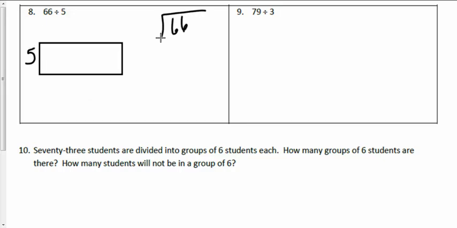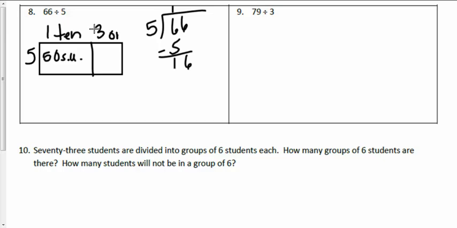So I've got 66 divided by 5, so that would go into 60 one time, so that gives me an area of 50 square units, and then that would leave 10 and 6 ones, so that would go into 16 3 times, because 3 times 5 is 15, and that's going to leave me a remainder of 1.